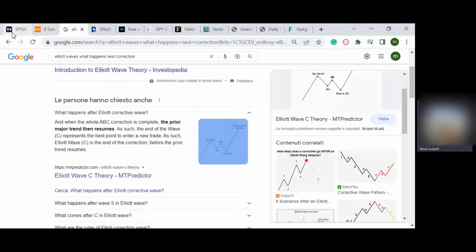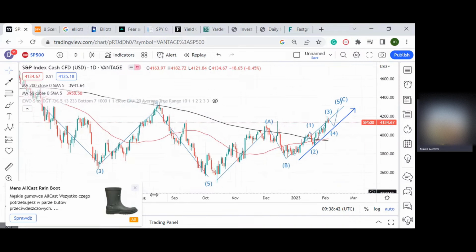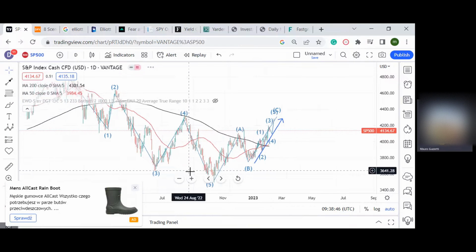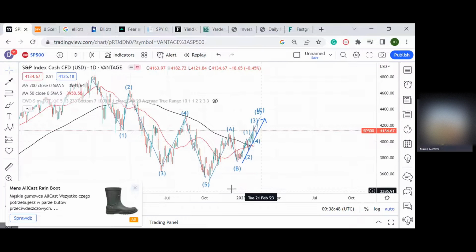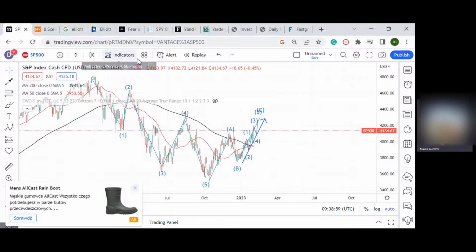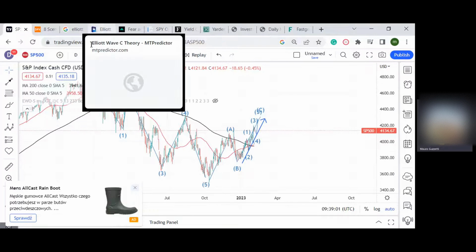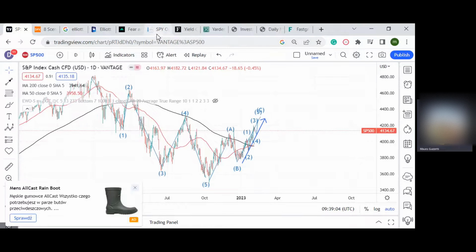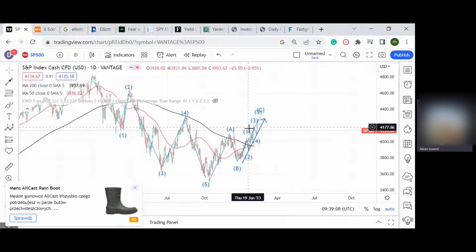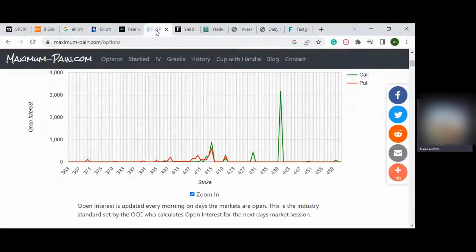That's very bad, guys, because it means that after the wave 1, wave 2, wave 3 will be completed, and we get here, end of the party, the major trend will restart. Not gonna look good. And I tell you guys that for some time, this market can still hold. Let me show you why.